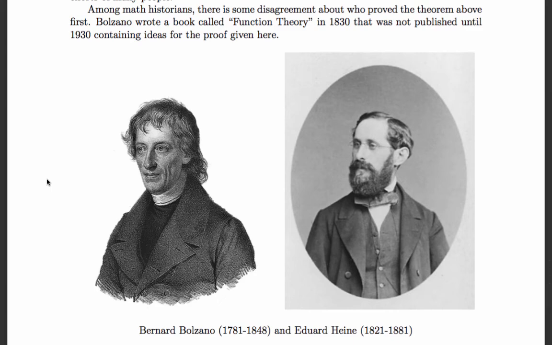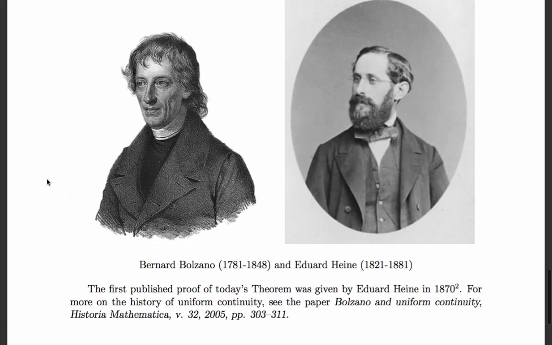Now, among math historians, there's some disagreement about who proved the theorem first. Bolzano wrote a book called Function Theory in 1830 that had ideas for the proof that you did in your homework. He took the open sets approach, but the book wasn't published until 1930.